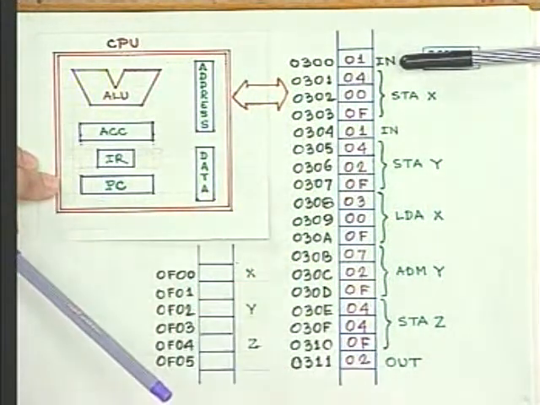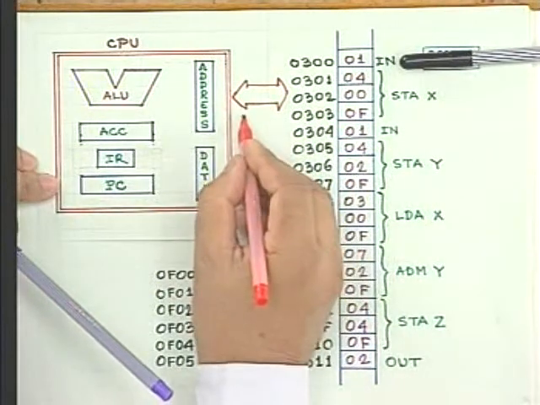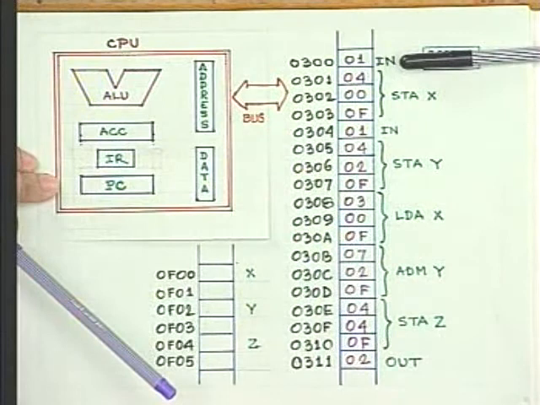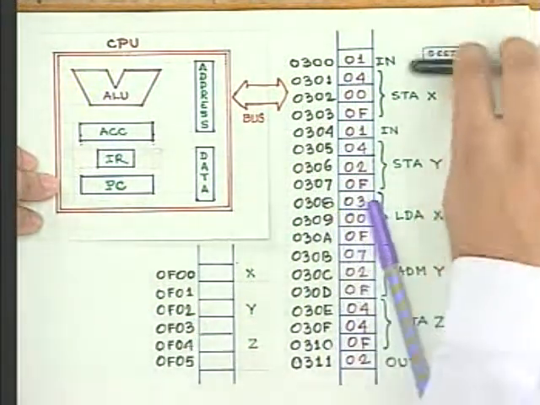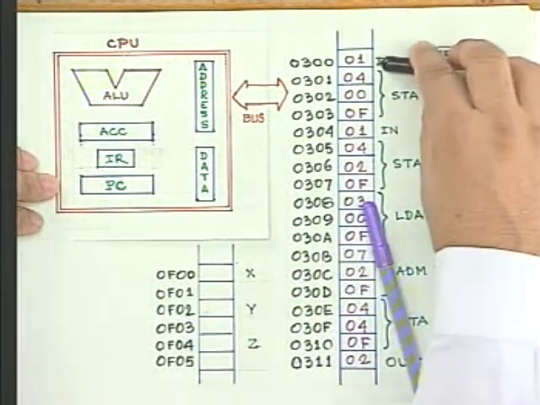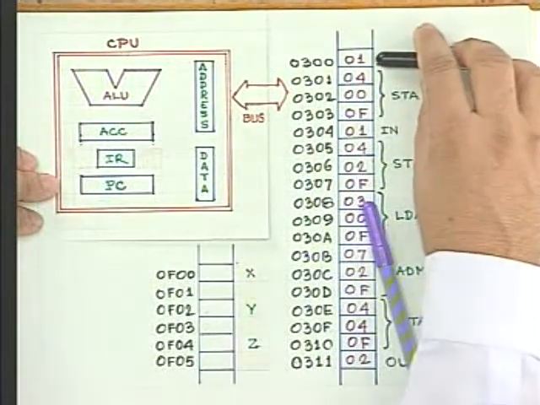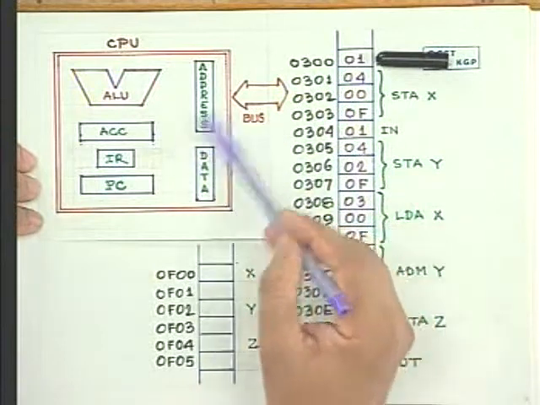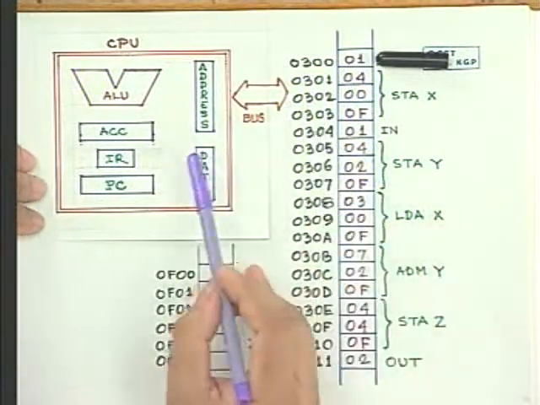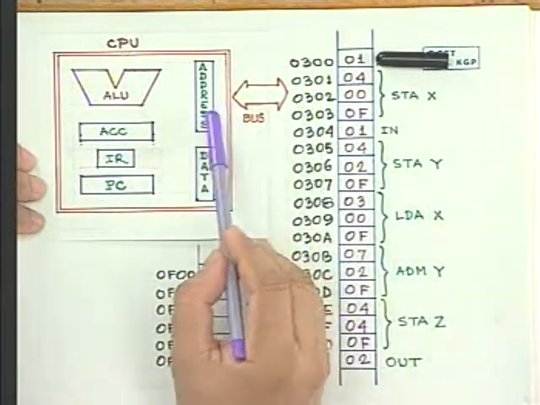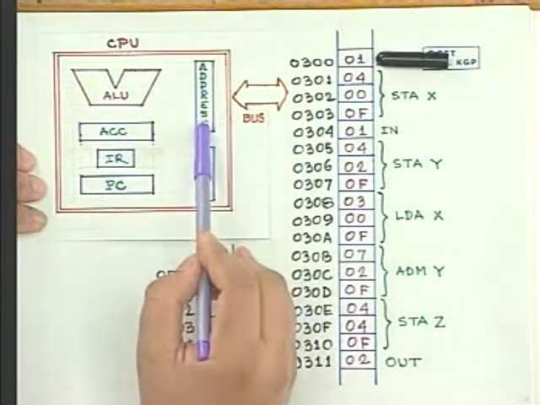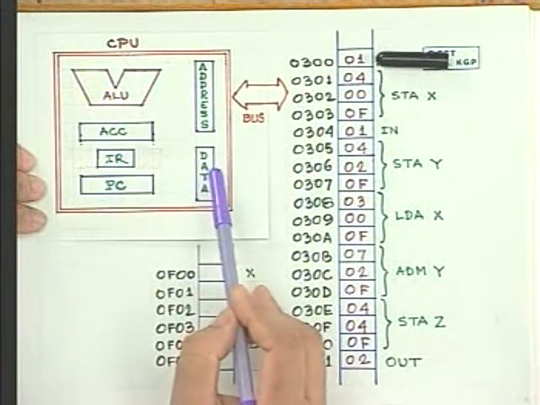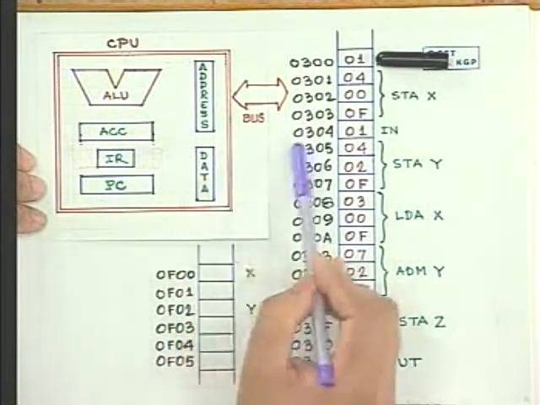We call this bus, right, to the memory. Therefore, whenever I say that the content of a memory location is being fetched or written into, we always mean that the address of that memory location will be in the address buffer, and whatever data is passing between the central processing unit and the memory will go to the data buffer.